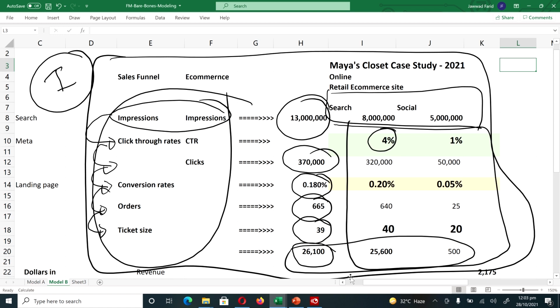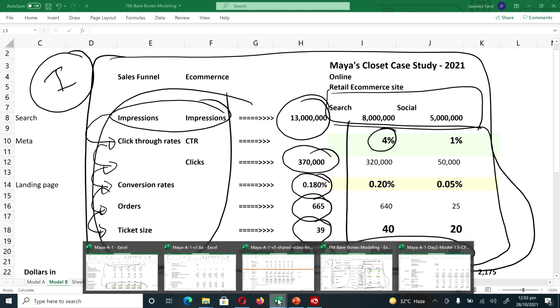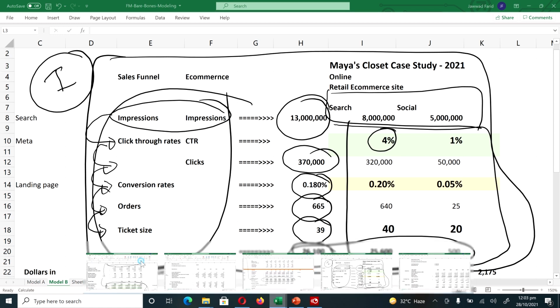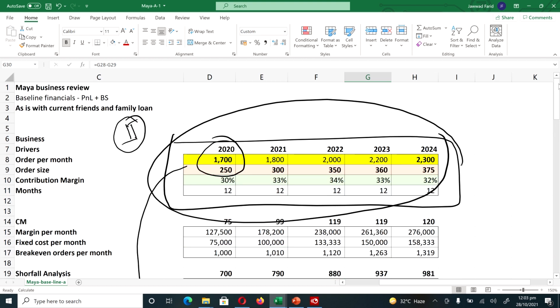You can take that simple model and grow it into a more complex model, and that was model number 2 for us. In model number 2, we took that foundation that was driven by orders per month and order size and converted that into an outlook for the full year.